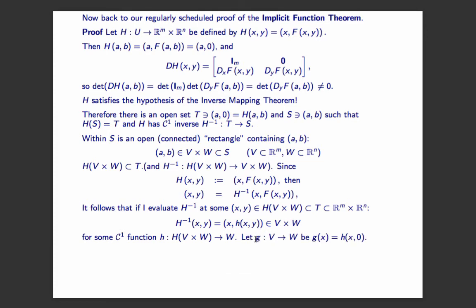Okay, so let's say that G maps V, the open set where x lives, to W. And we're going to define G of x to be h of (x, 0).